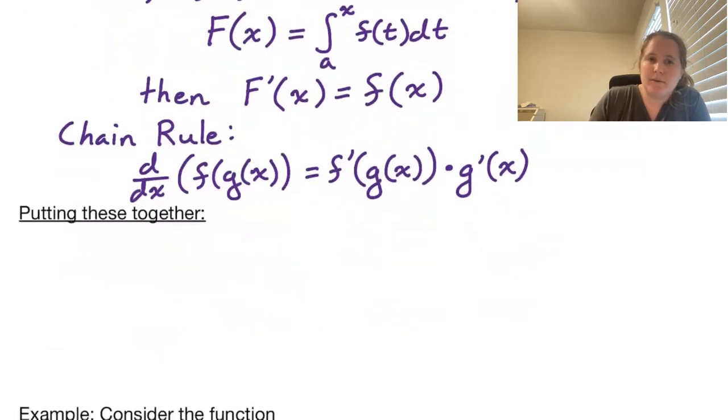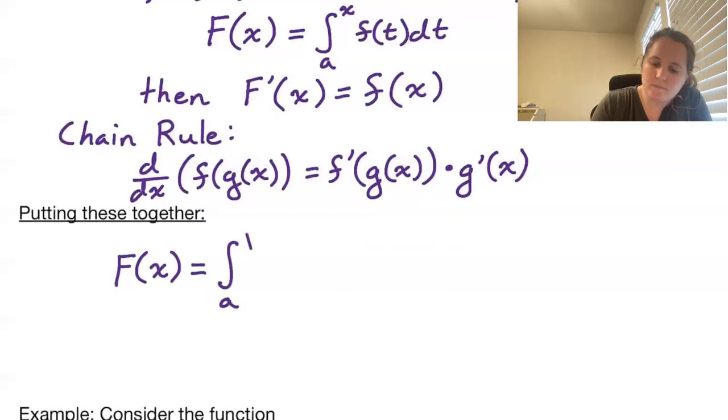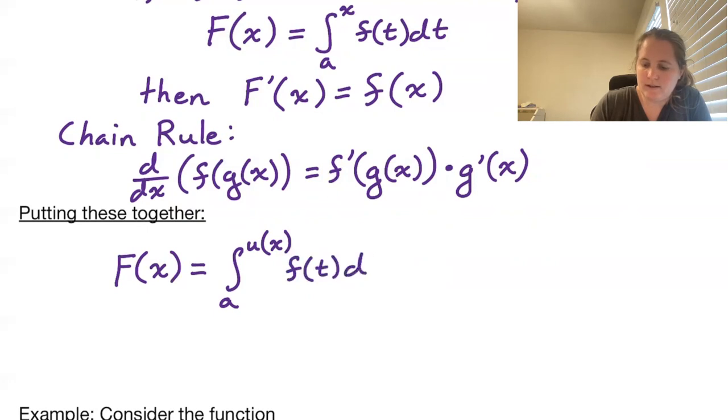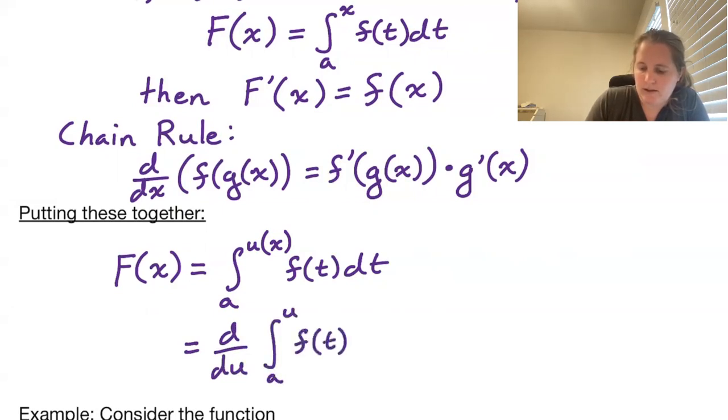So if we put these together, if we have a capital F of x is equal to the definite integral from a to, I'm going to use u of x, of lowercase f of t dt, then this is the same thing as taking the derivative with respect to u of the definite integral from a to u of f of t dt, and then multiplying by the derivative of u with respect to x.